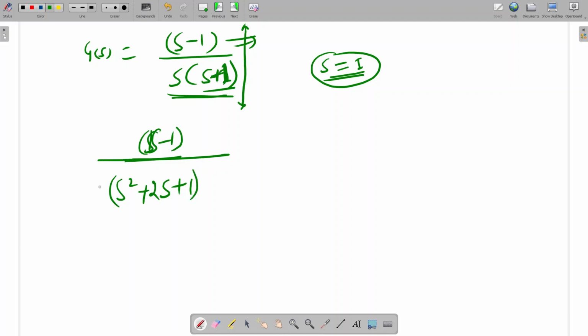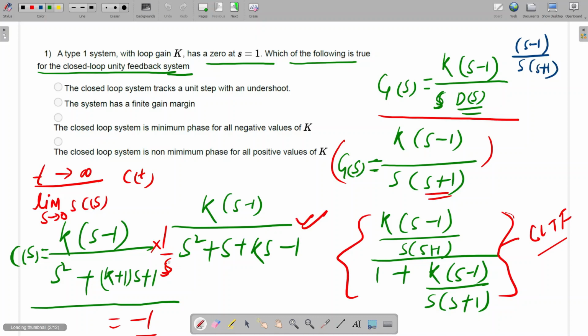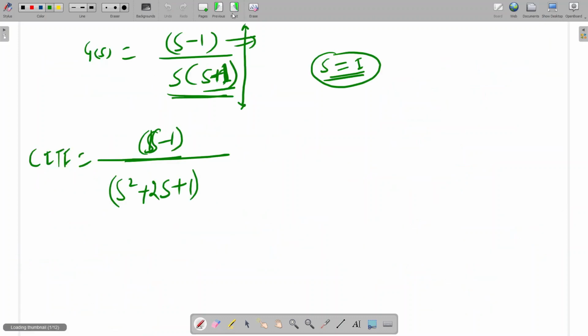Yes, sir, only closed loop, CLTF. So s square plus s plus ks minus k. Here we have to write k there: ks minus k. Here only we made the mistake. So s square plus 2s, here it will be minus 1. Correct?